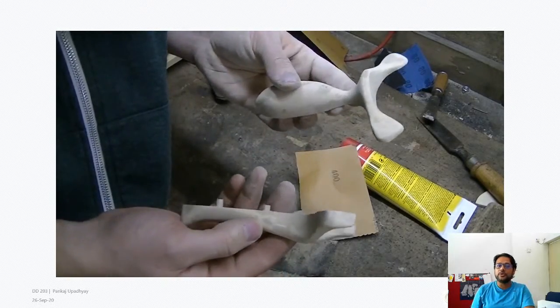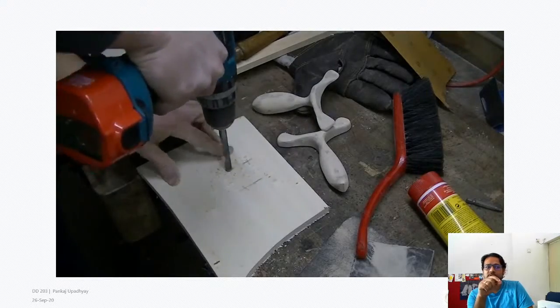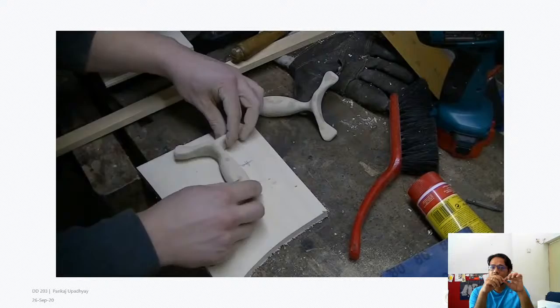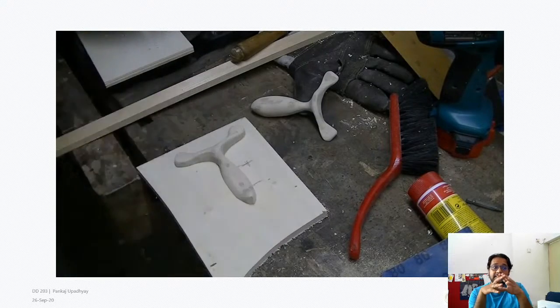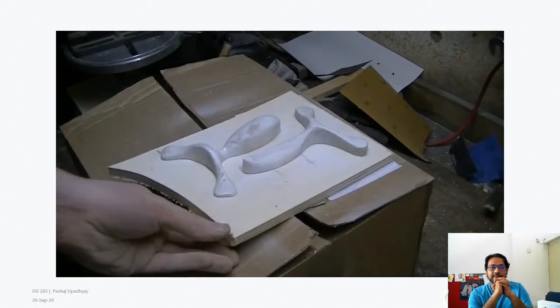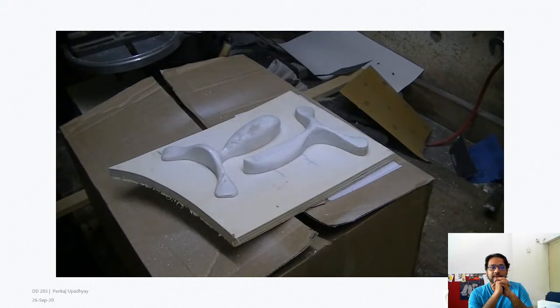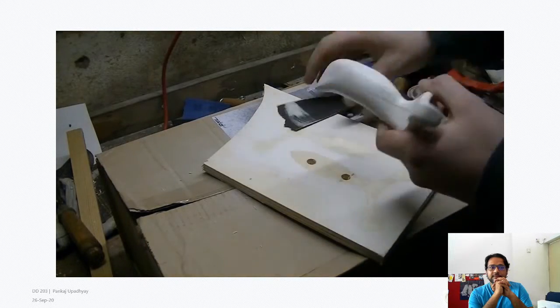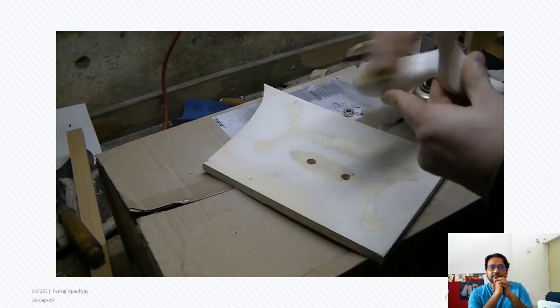So if you notice carefully, he has these holes which are there for purposes of alignment. I spray painted it and smoothened it. I repeated this process several times.